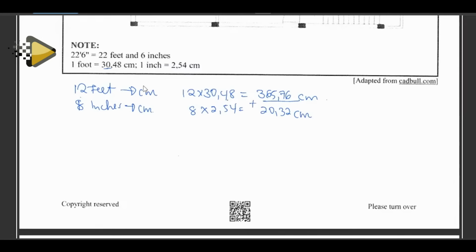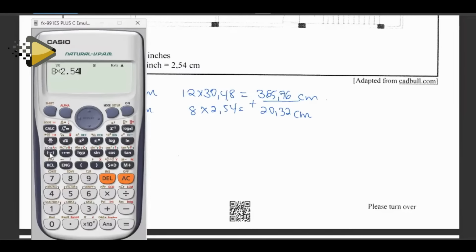What do we do? We add them up. Allow me to store this in A, and this other one in B. So we shall add 365,76 plus 20,32.